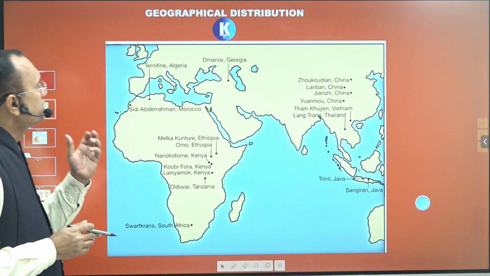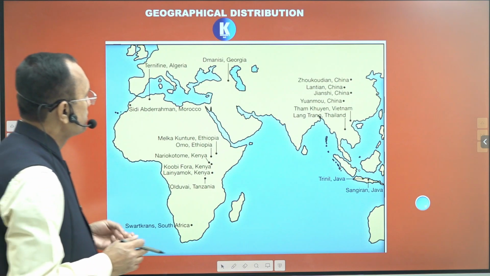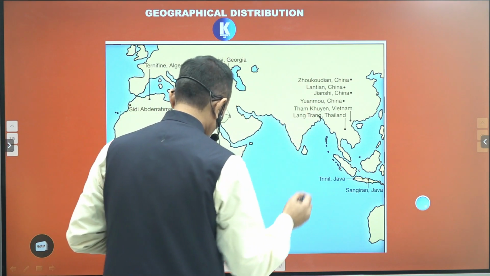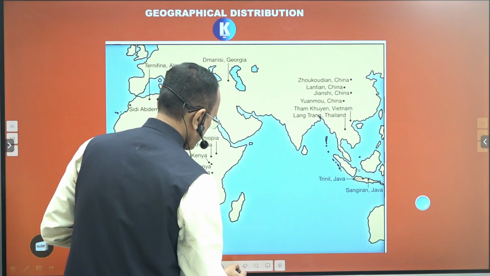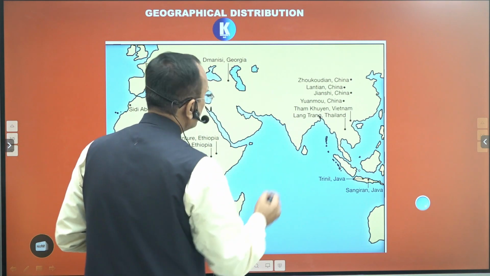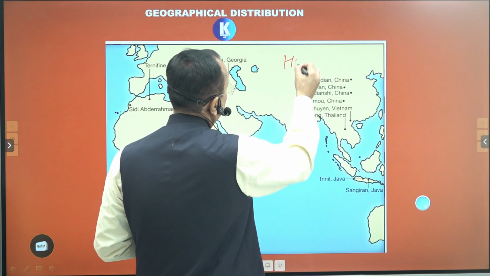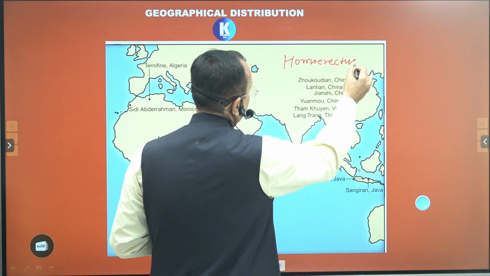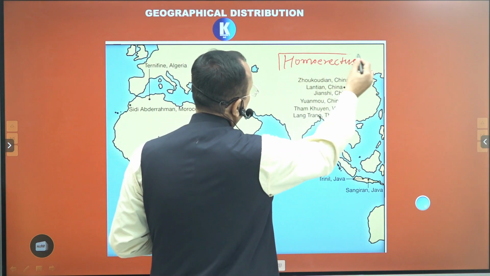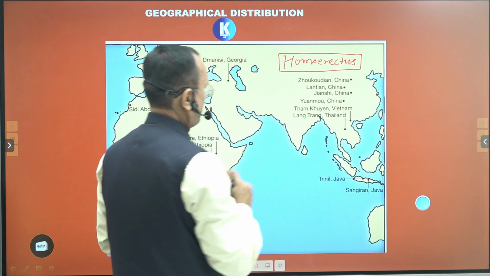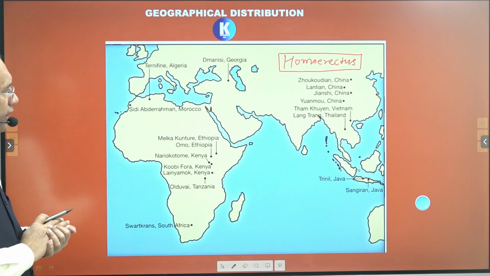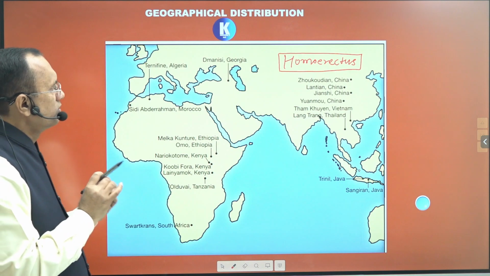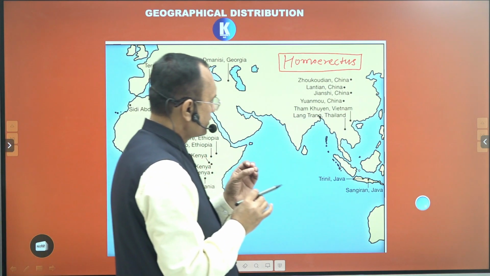So here, this is the presentation of the geographical distribution of Homo erectus. So try to make a world map, right? And in that world map, try to show the geographical distribution.